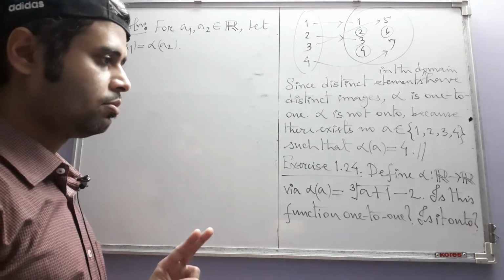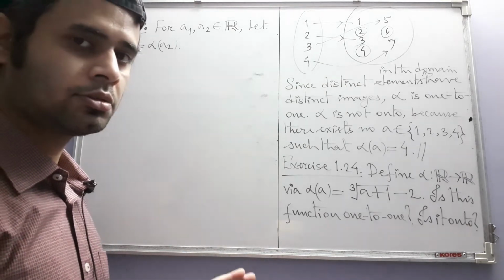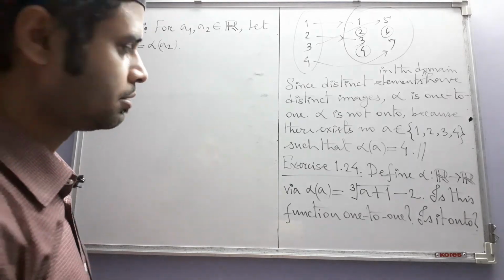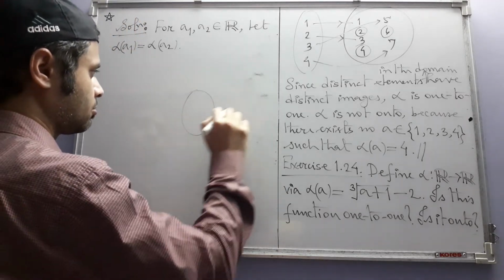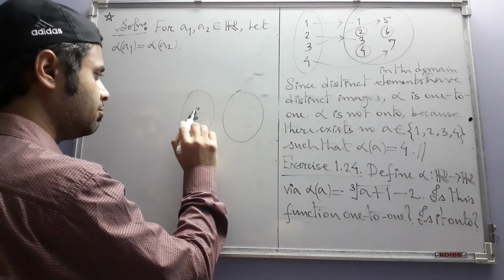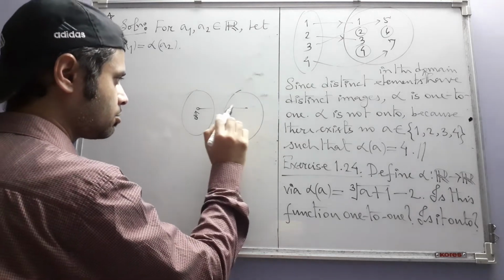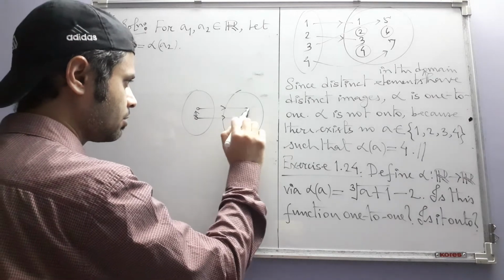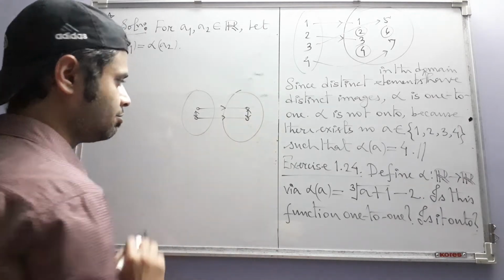You can do one of these two things to show that a function is one to one. You either take two different inputs and show that their outputs are different.